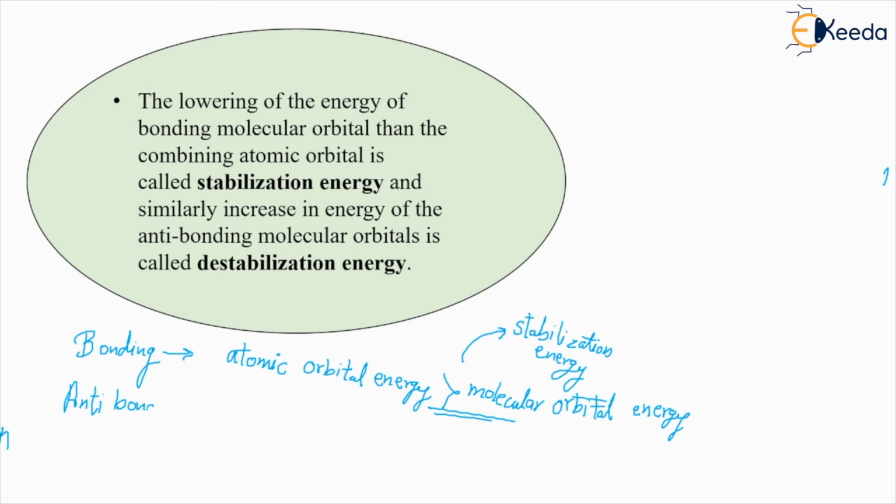But if I'm talking about anti-bonding, let me just write it over here. Anti-bonding. In anti-bonding, what happens is the atomic orbital energy will be much lesser. And thus over here, I will put a less than sign over the molecular orbital energy.